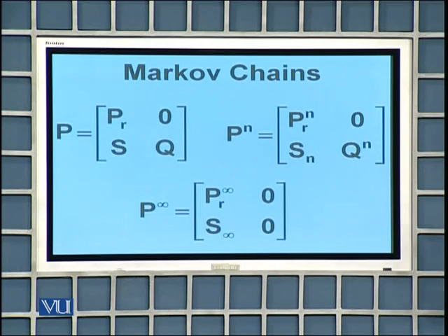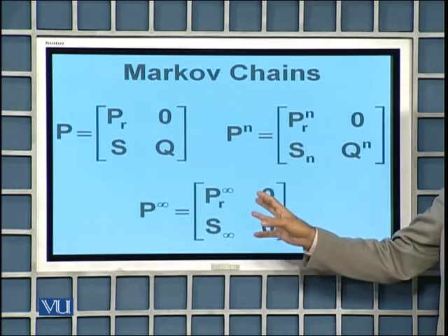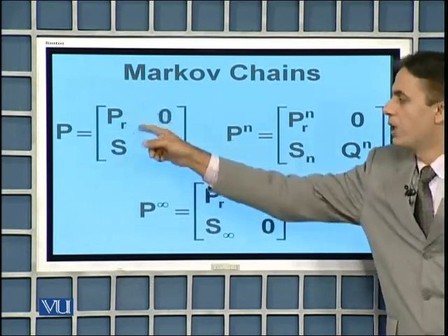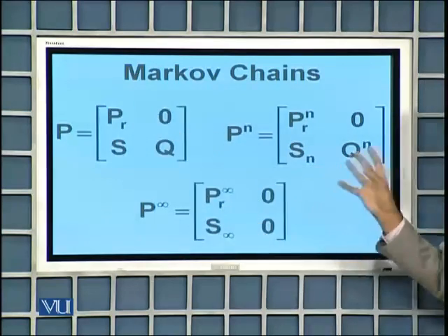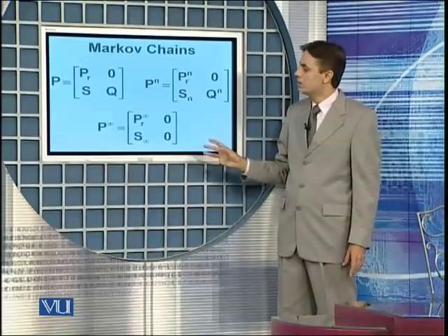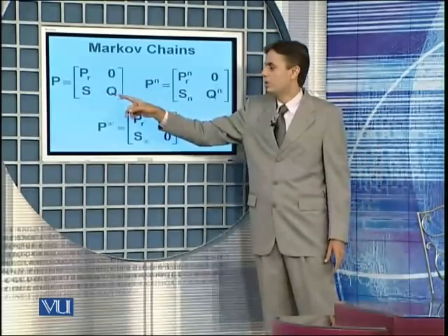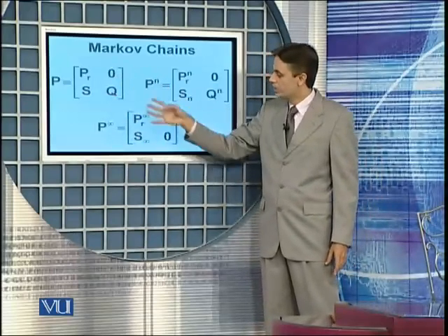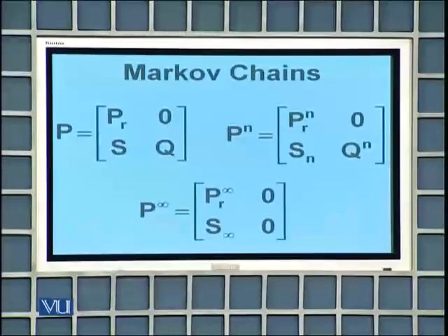If we have a mixture of transient and recurrent states, the convention is to put recurrent states in the beginning and the corresponding submatrix will be in the top left corner, and the submatrix corresponding to transient states will be in the lower right corner. Here we'll have zeros, and its infinite power is going to be of this format.